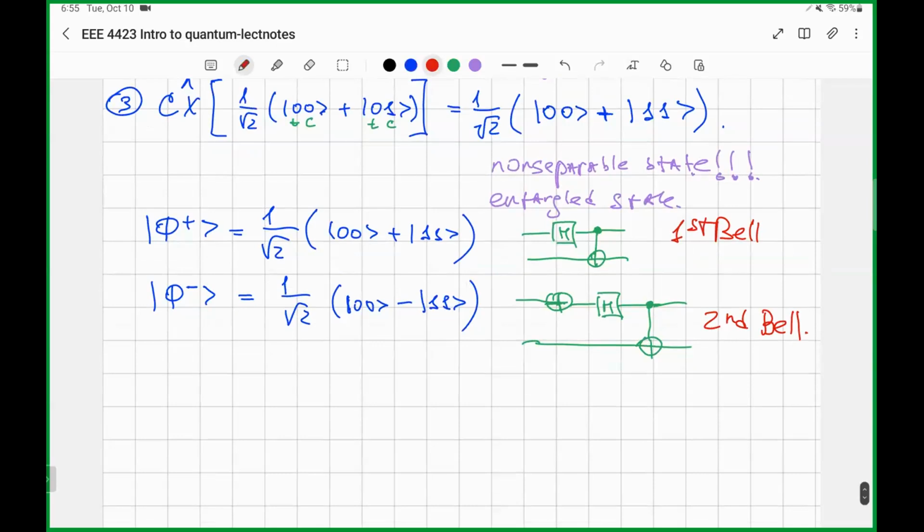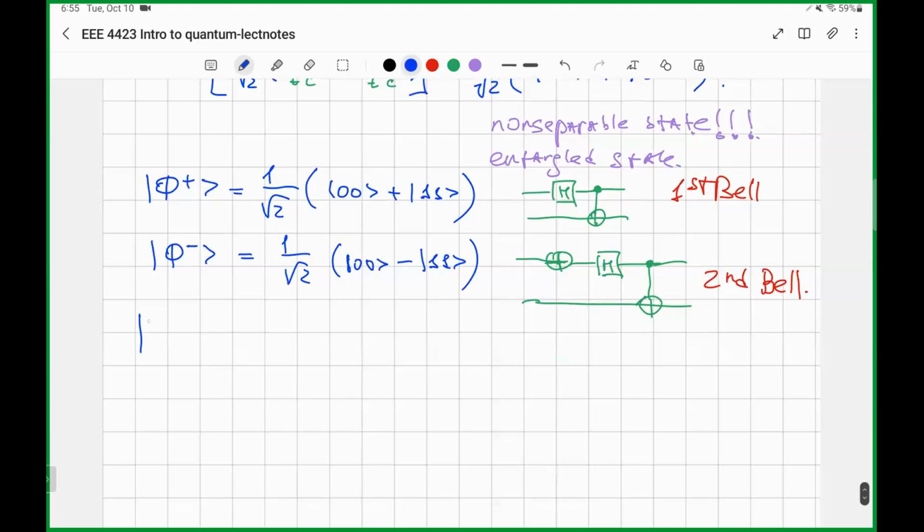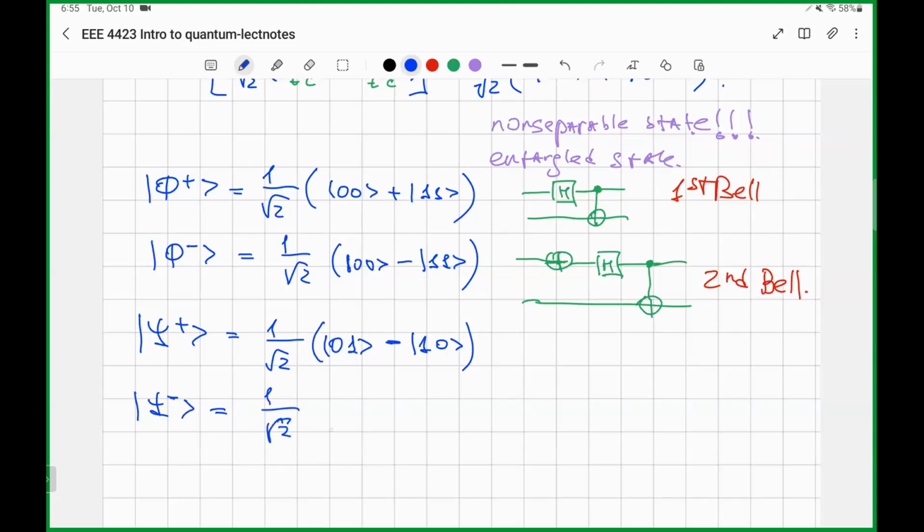And there are 2 other Bell states, psi capital plus and psi capital minus. So psi capital plus is 1 over square root of 2, 0, 1 minus 1, 0. And psi capital minus is 1 over square root of 2, 0, 1 minus 1, 0.